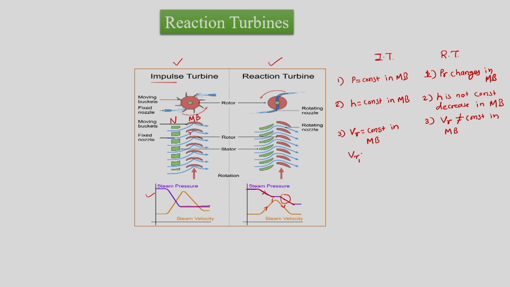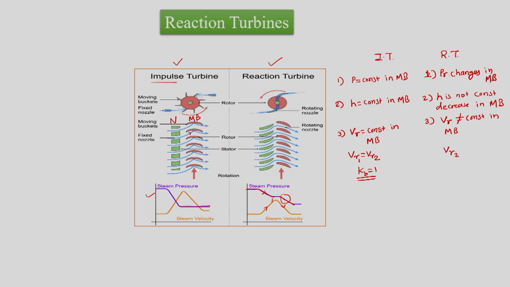We have seen VR1 is equal to VR2 if there is no friction or the friction factor is equal to 1. So the maximum value of VR2 is equal to VR1, but here VR2 is always greater than VR1. This is the fourth point in the difference between impulse and reaction turbines.